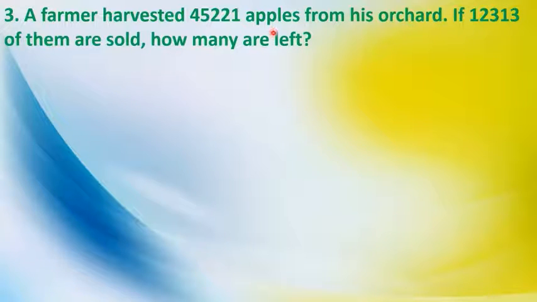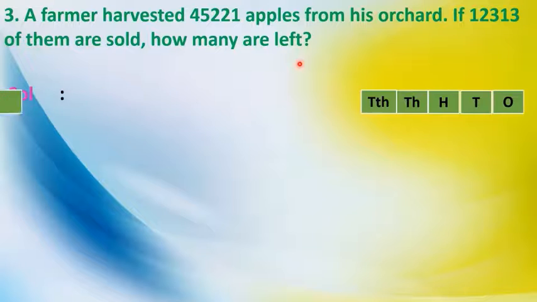So what you'll write, Nana, from this question? A farmer harvested apples. Number of apples harvested by the farmer from his orchard is 45,221, and number of apples sold is equal to 12,313. Apples left with him, you can write. Yes, let us write that.